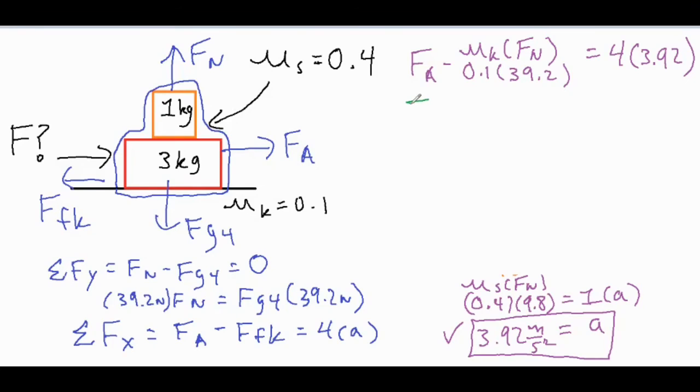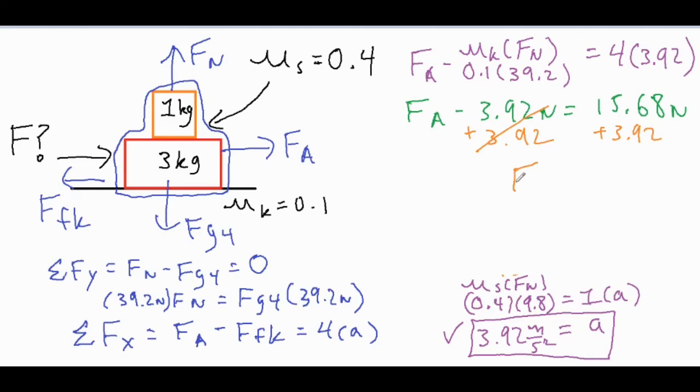From there, we can go ahead and find the product of these numbers. This is going to be 3.92 newtons, and this side is going to be 15.68 newtons. And then if you go ahead and add this to both sides, then we will have the value for Fa. And then our applied force comes out to 19.6 newtons.